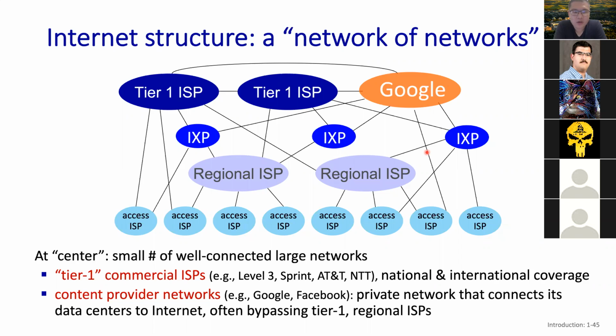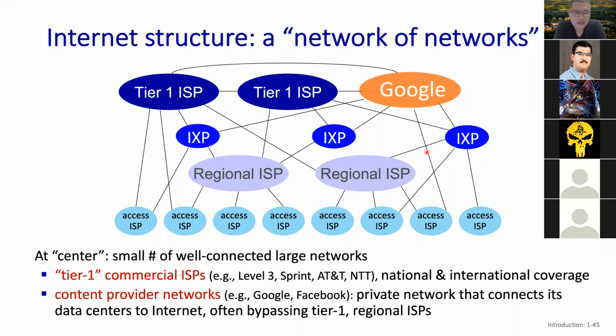And they can also connect to the content provider, right? Like Google, and regional ISPs connect to the IXP, connect to ISPs, right? So you can see this figure mostly describes what we just discussed, the structure of the network of networks.